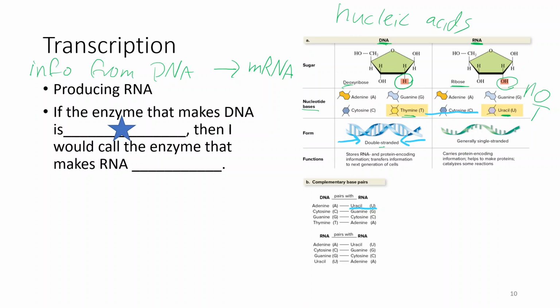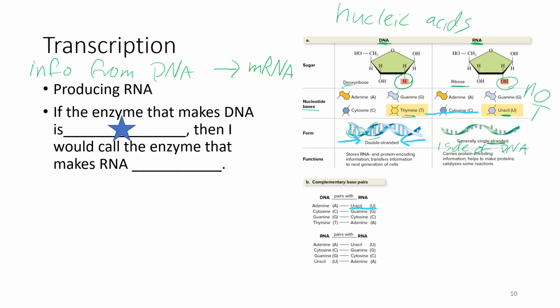Another difference is that our DNA is double-stranded. Remember, we have our complementary base pairs and our phosphate sugar backbone, all the way down. Our RNA, typically in humans, is going to be single-stranded. So we're copying one side of the DNA.